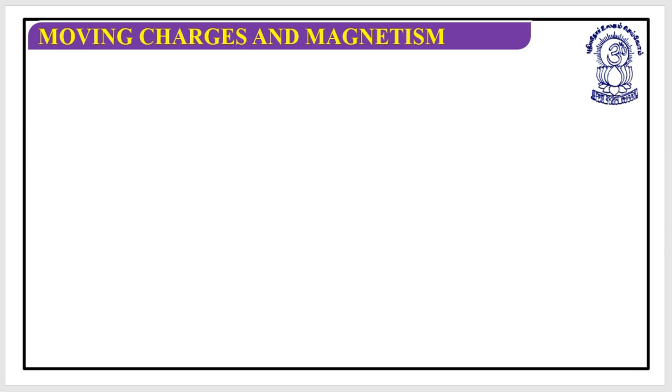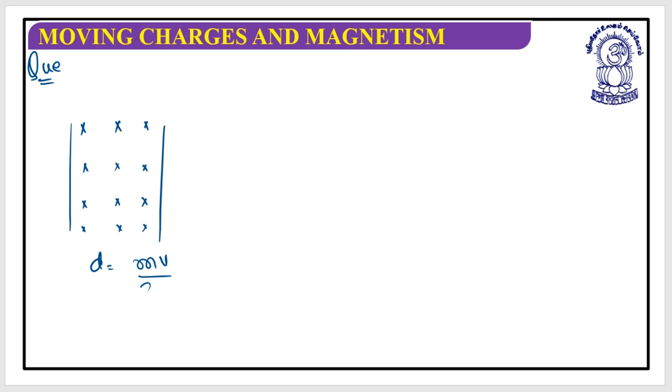Now let's look at one more question. This is the region where the magnetic field is there. This is d, and it is mv/qB multiplied by half, so it's mv/2qB.